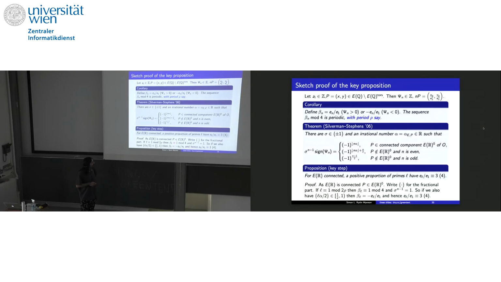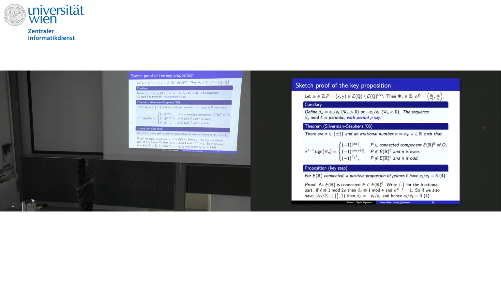which means that beta L is congruent to 1 mod 4, because L is congruent to 1 mod rho, so beta L is congruent to beta 1 mod 4, and psi 1 is 1. That's been erased from the board, but psi 1 is 1. So the sign that we're attaching to beta 1 is 1.